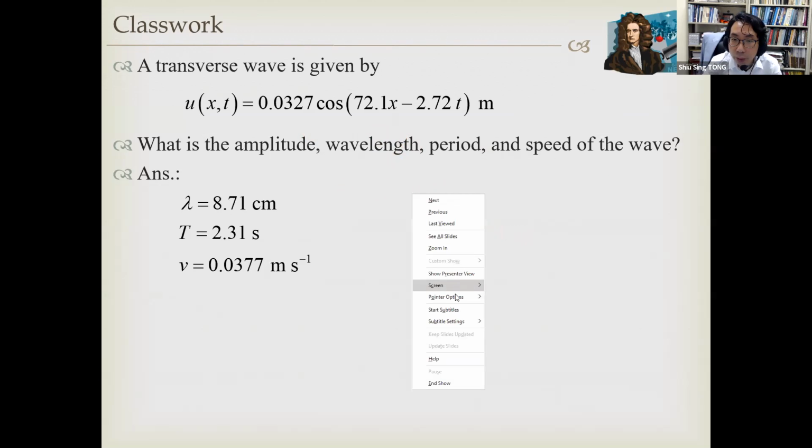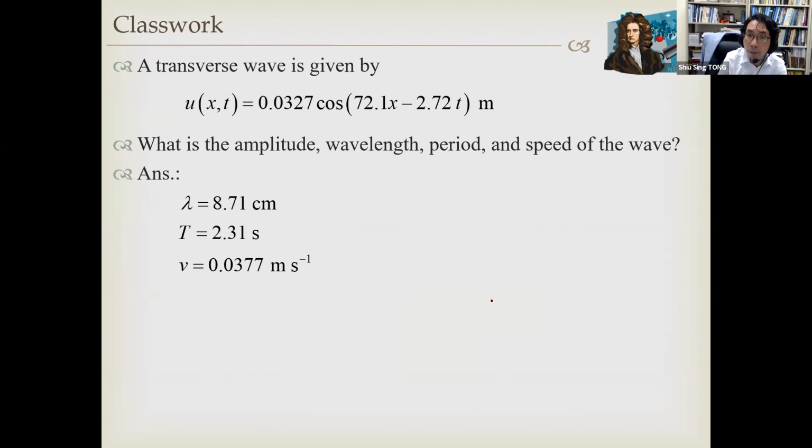So when you compare this with the standard formula, u equal to u naught cosine kx minus omega t, then you find that this guy is actually the amplitude u naught. And this constant that goes before the x is the wave number k, right? And this number that goes before the t is the angular velocity omega, or the angular frequency omega.